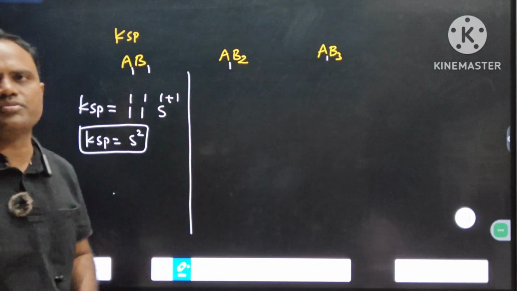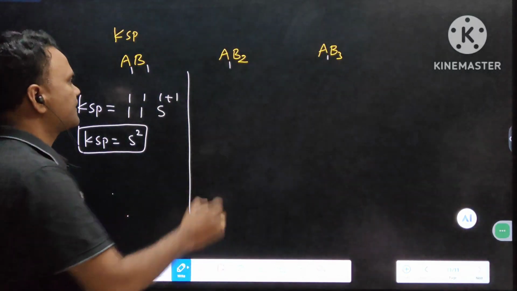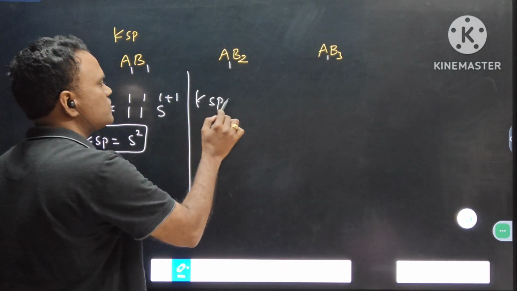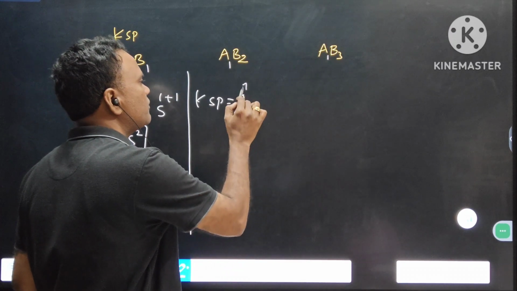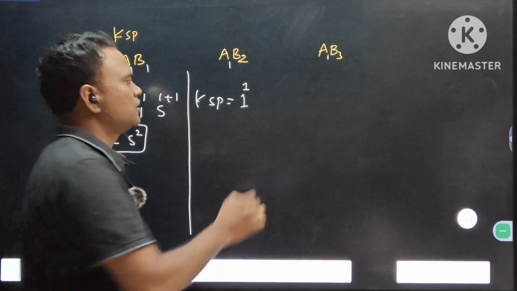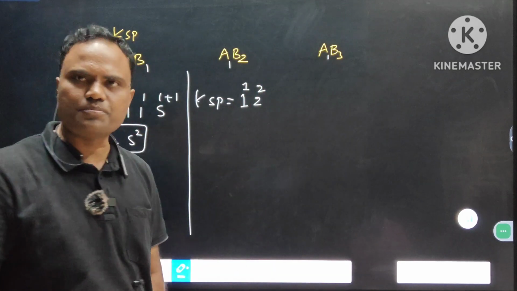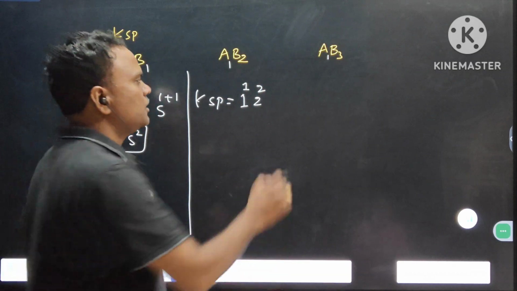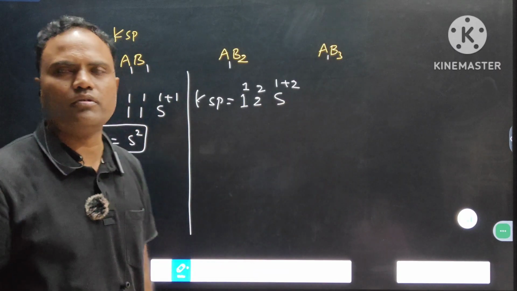Next, AB2 type salts. The subscripts are 1 and 2: 1 power 1, 2 power 2, subscript power subscript only. S power 1 plus 2.